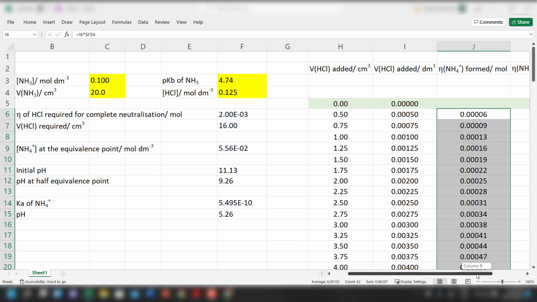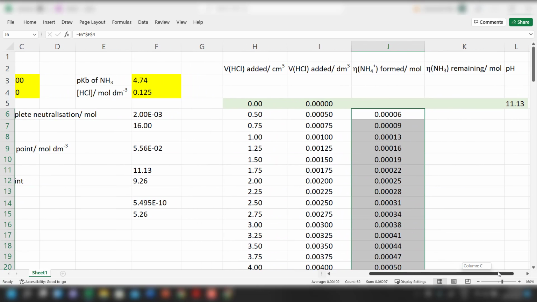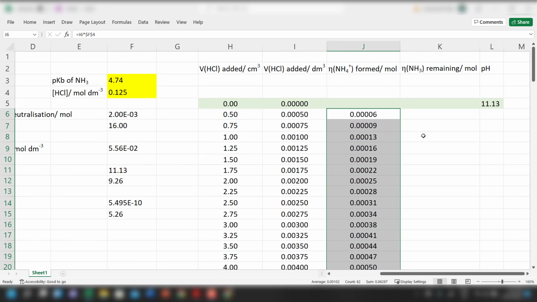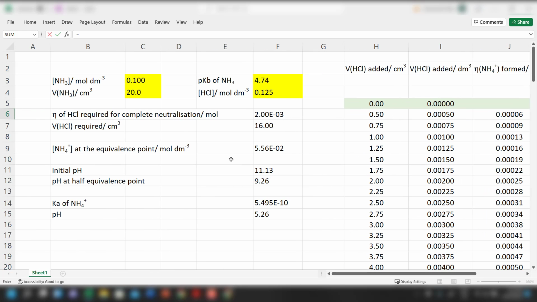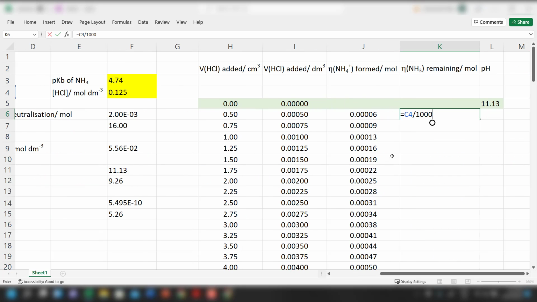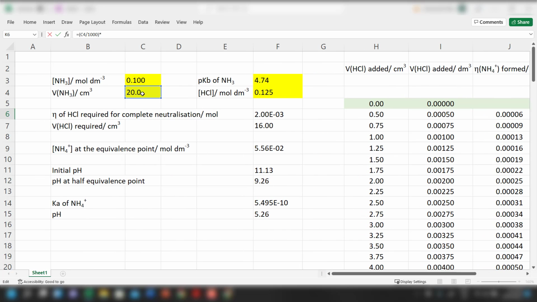Then the next thing I'm going to do is to determine the amount of ammonia remaining. So that will be the amount of ammonia I've added. Essentially this 20.00 divided by 1000, because we need to convert it to dm cube, and then multiply by the concentration.